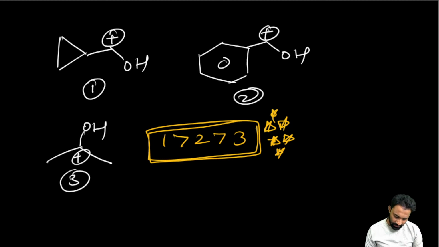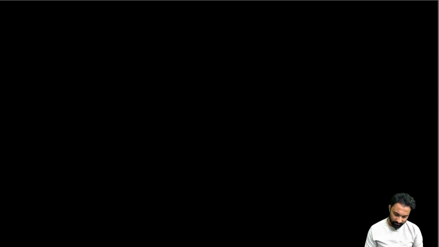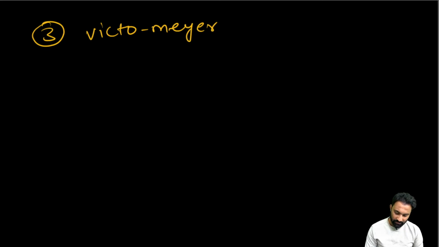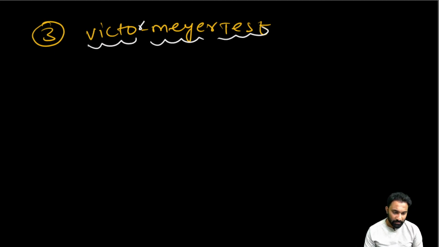Now the Victor-Meyer test we have. The third one is the Victor-Meyer test. In this Victor-Meyer's test, only remember the color. No need of remembering the reactions and all. Just remember the color.